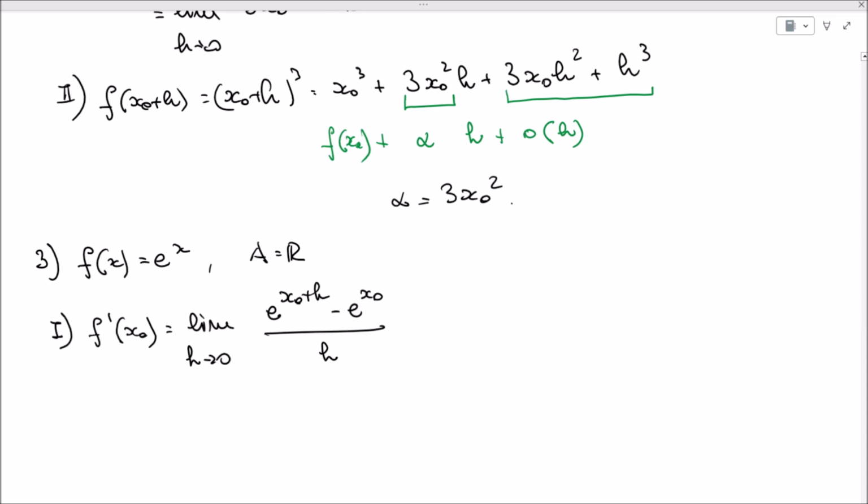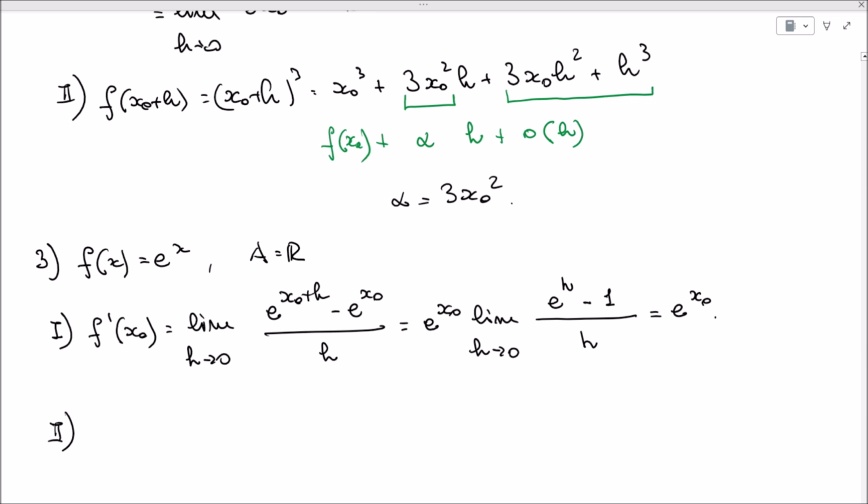And we see that we can factor out e raised to the x naught at the numerator. So we have e to the x naught times the limit as h goes to 0 of e to the h minus 1 divided by h. But remember that this is one of the fundamental limits, so we see that this is simply e to the x naught.